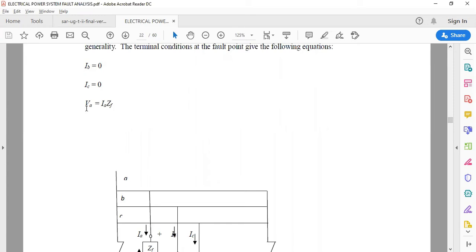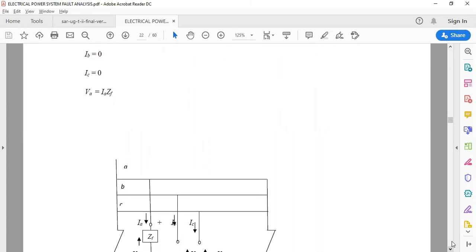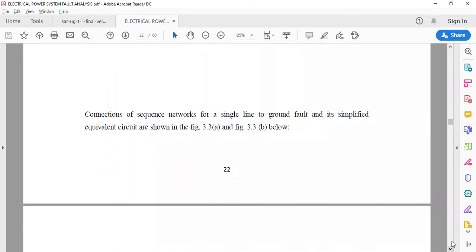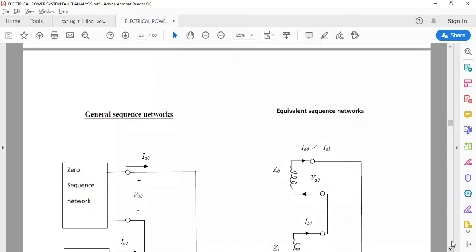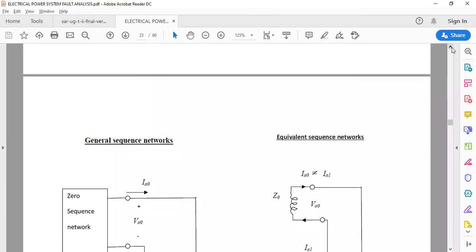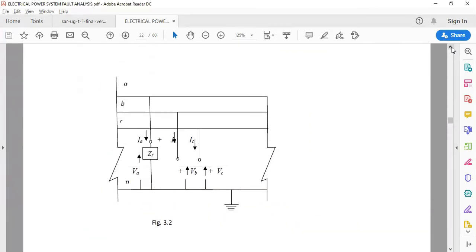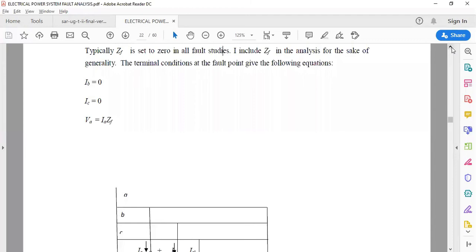And the fault voltage, that is VA, is equal to the multiplication of fault current and fault impedance. So from these boundary conditions, phase B current and phase C current are equal to 0, and VA is equal to IA into ZF.